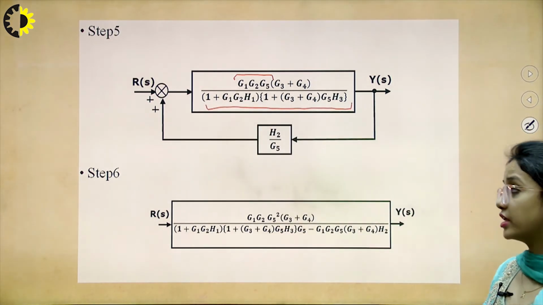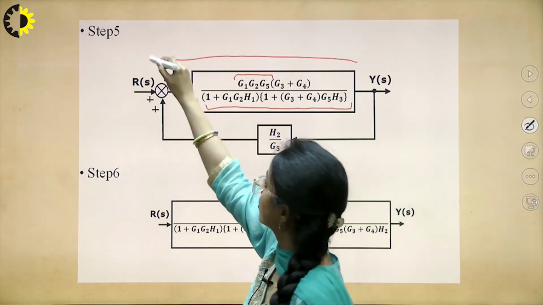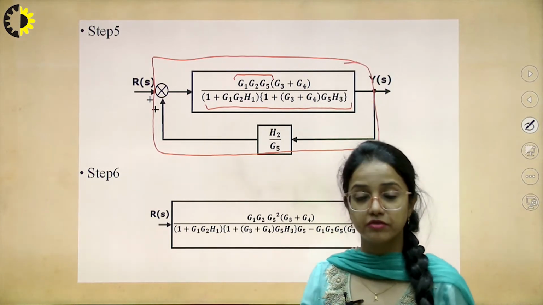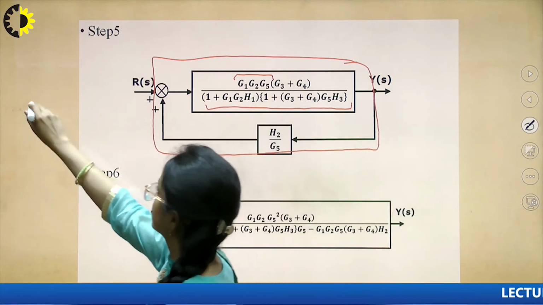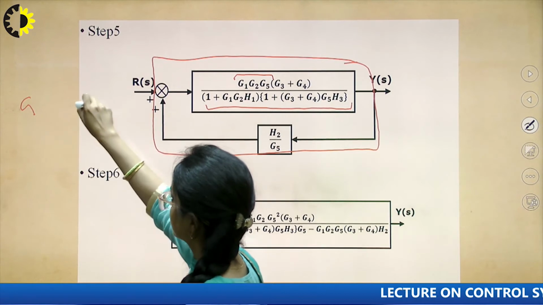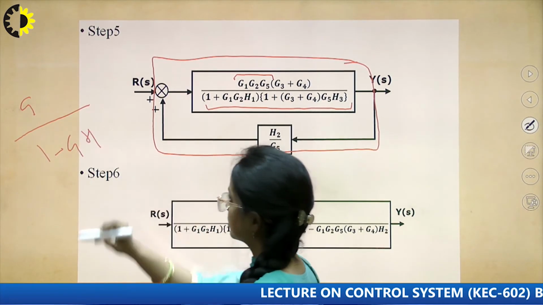Now we see that this again is a bigger picture where the loop is nothing but a positive feedback. For positive feedback, the transfer function is G upon 1 minus GH.